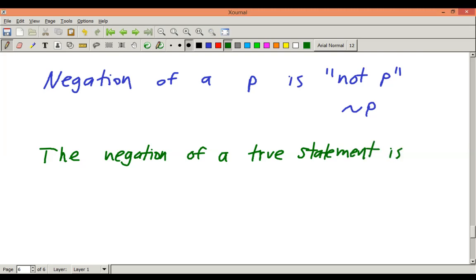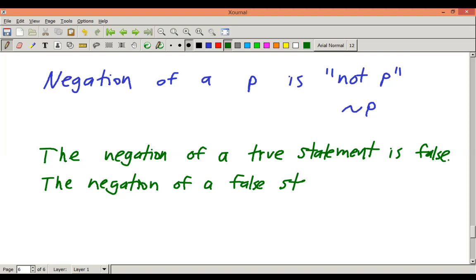And the negation of a false statement is true.